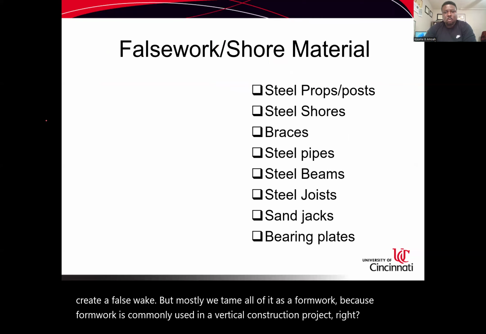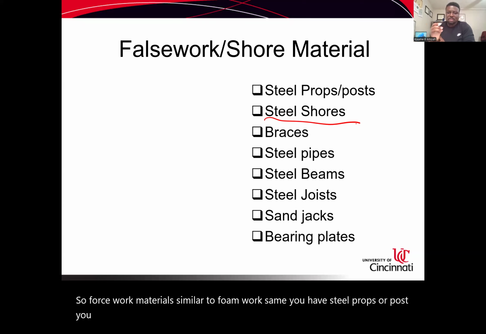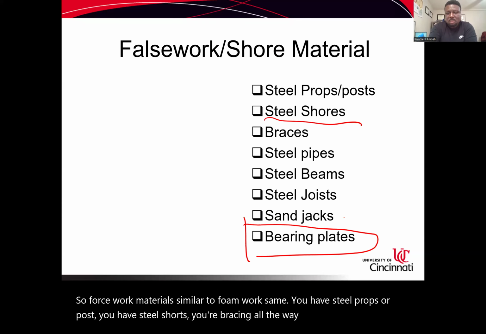So forcework materials are similar to formwork. Same. You have steel props or posts, you have steel shores, you are bracing all the way to bearing plates, sun jacks, and so on and so forth.